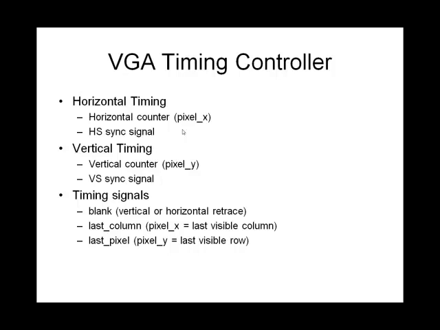The first is a signal named blank, and this blank signal should be asserted whenever you're in the middle of a horizontal retrace or a vertical retrace. You'll also have a signal called last column that is asserted when you're in the last visible column, when your counter is at 639. And then finally, last pixel when you're in the last visible row.